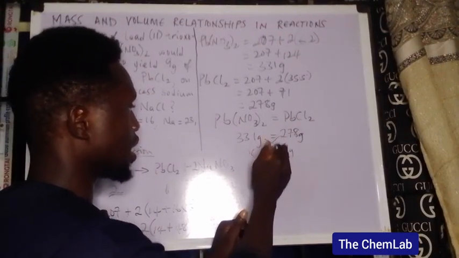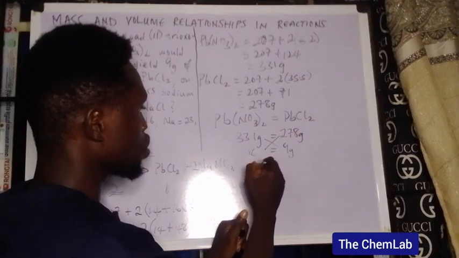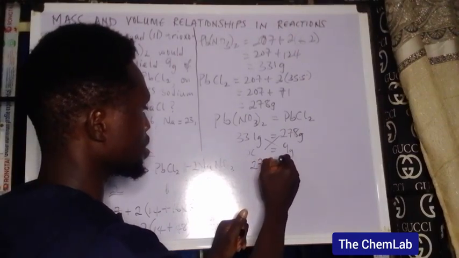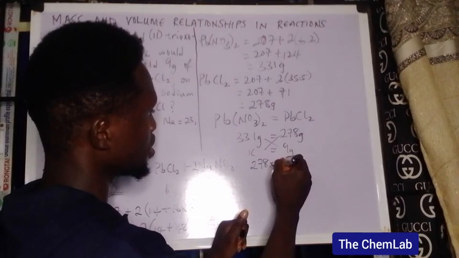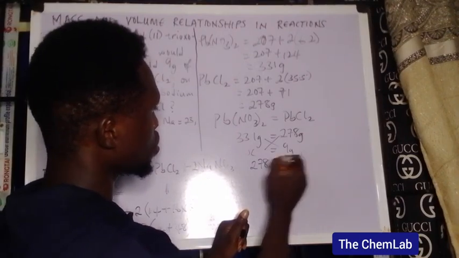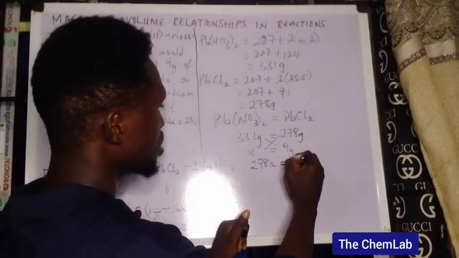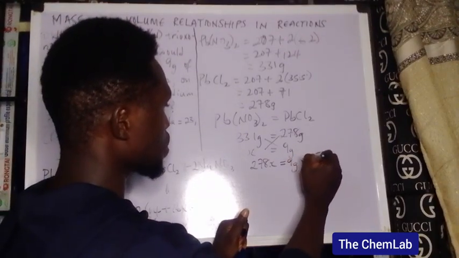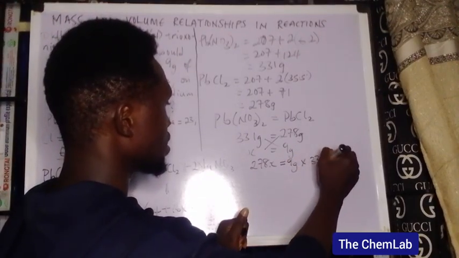Like this, like this. So we have 278 X equal to 9 gram times 331 gram.